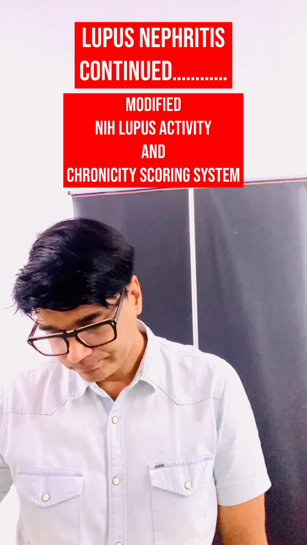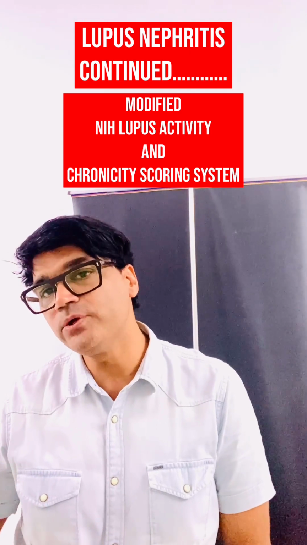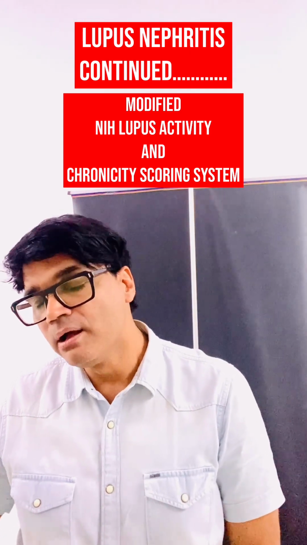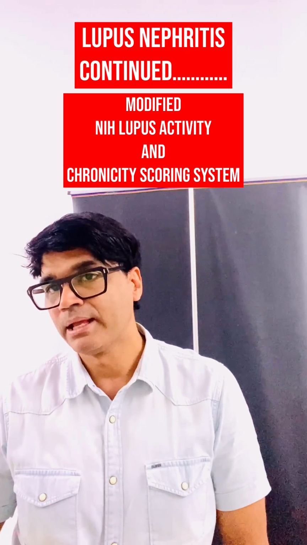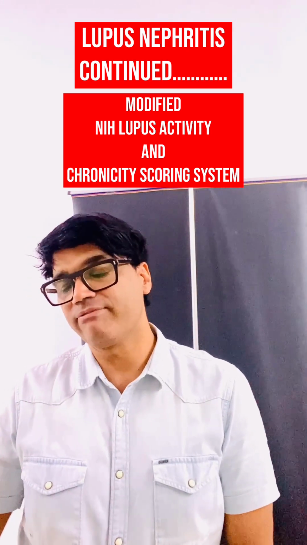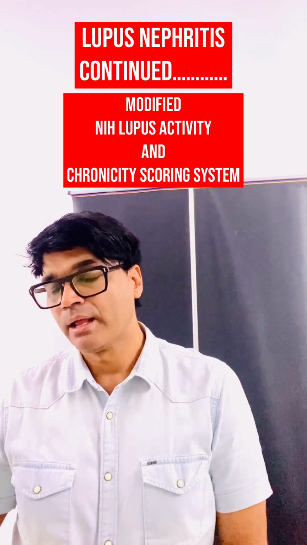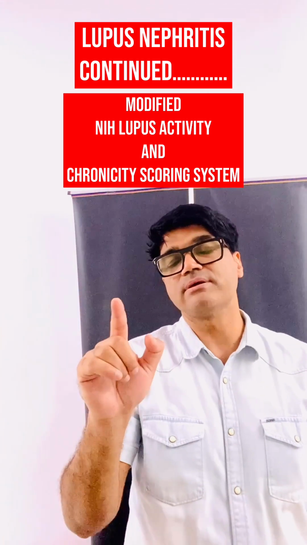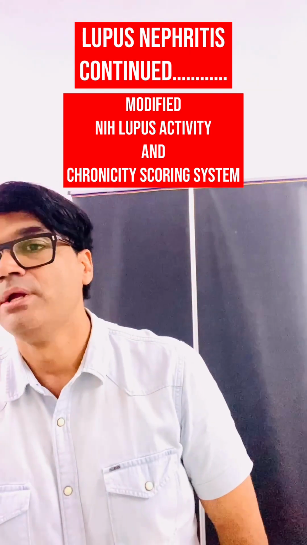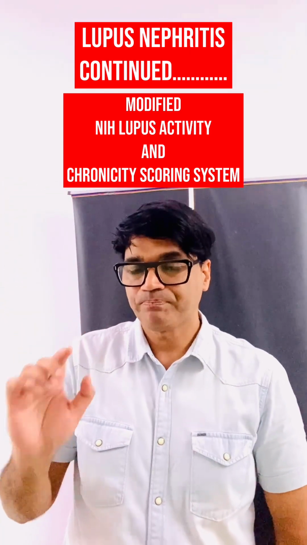If we find cellular or fibrocellular crescents, then the score will be 0 to 3 times 2. And if we find interstitial inflammation, the score will be 0 to 3. In respect of fibrinoid necrosis, the scoring will be 0 to 3 times 2 also, which we missed previously. So we repeat it.